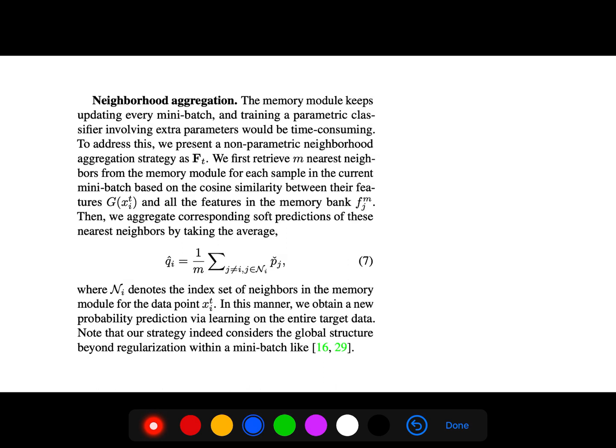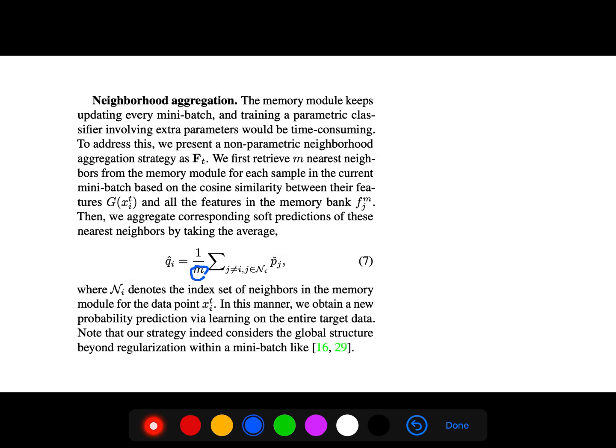So to address this, we present a non-parametric neighborhood aggregation strategy as F. We first retrieve the M nearest neighbors from the memory module for each sample in the current mini-batch, based on the cosine similarity between their features and all features in the memory bank.